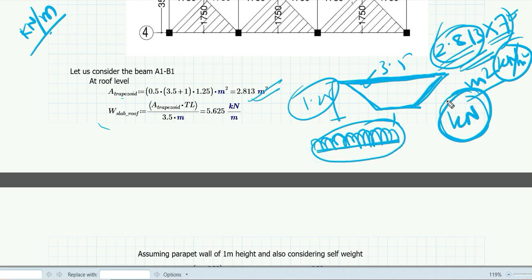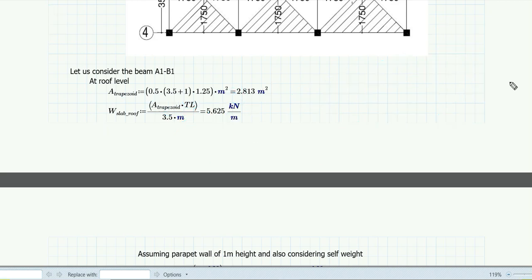Total load, which you find by multiplying the area with the load, divided by the length of the beam. So that is what I have done. The area of the trapezoid into the total load divided by the length of the beam comes out to be 5.625 kilonewton per meter. Okay, so this is the load that is coming from the slab.